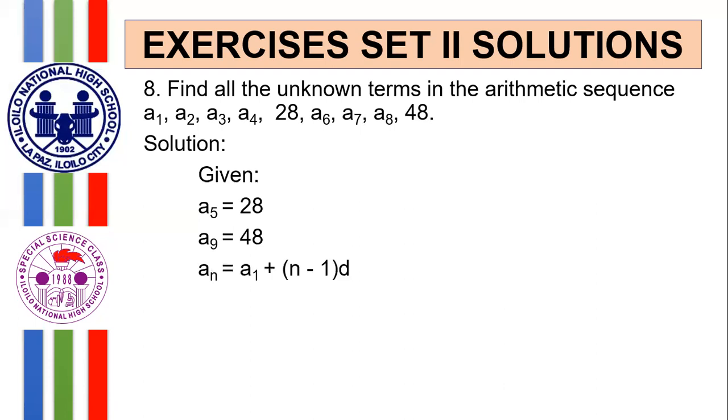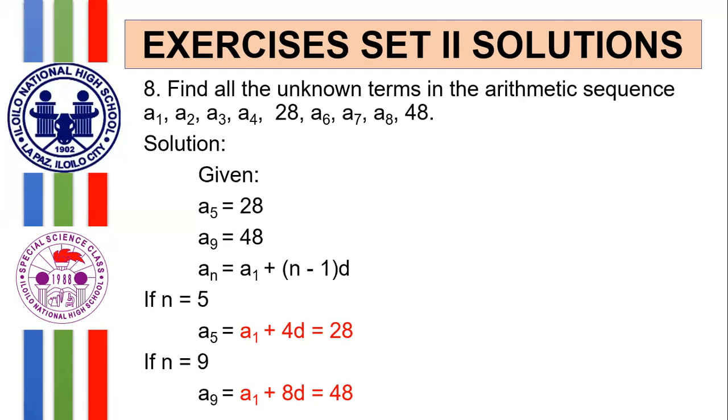By utilizing the explicit formula, letting n equals 5, we will have a sub 5 equals a sub 1 plus 4d, but a sub 5 is 28, so a sub 1 plus 4d equals 28. With n equals 9, you will have a sub 9 equals a sub 1 plus 9 minus 1, or simply 8 times d or 8d. But the 9th term is 48, so a sub 1 plus 8d is equated with 48.